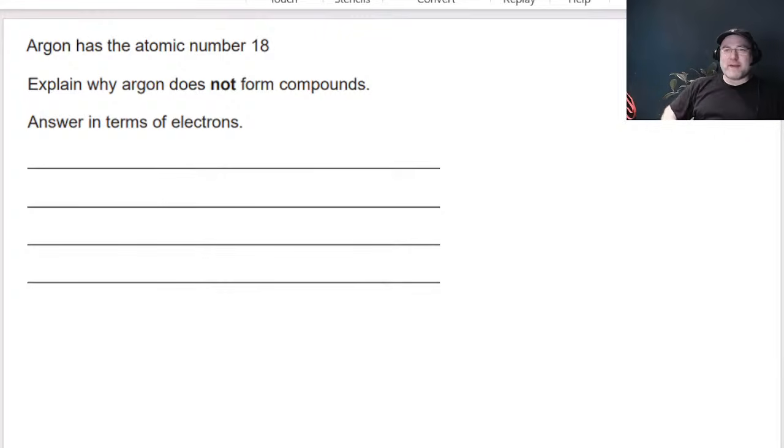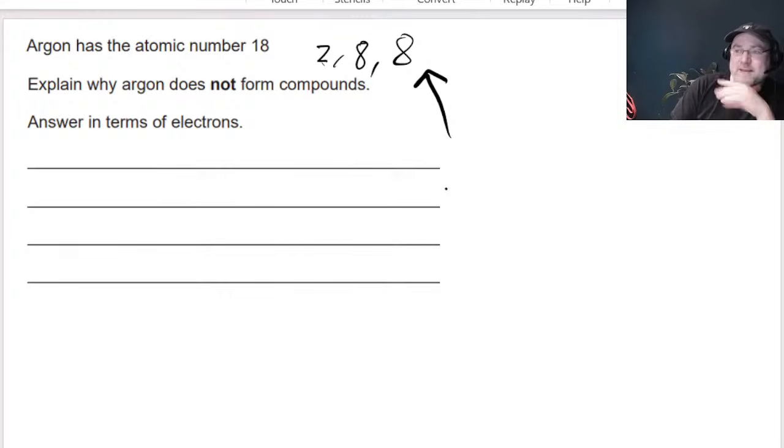Argon has the atomic number 18. Explain why argon does not form compounds. Answer in terms of electrons. That will be a 2 marker, and should be nice and simple. Why does argon not react? They're giving you 18, so it's 2, 8, 8. What does it have?